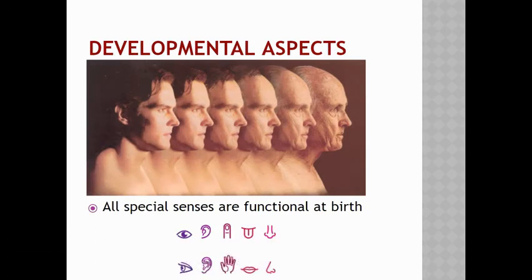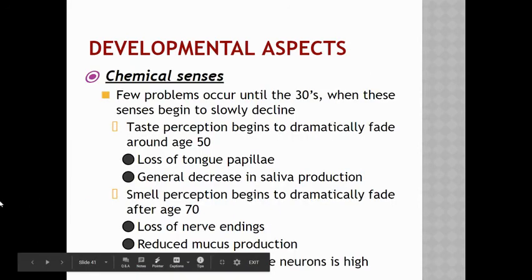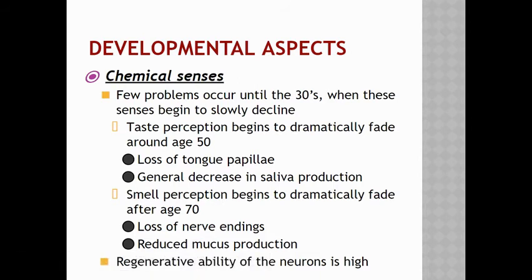So then finally, the developmental aspects. So first, all of the special senses are functional, at least to some degree at birth. Chemical senses, so gustation and olfaction, have few problems until about age 30. And then at that point, the senses slowly begin to decline.